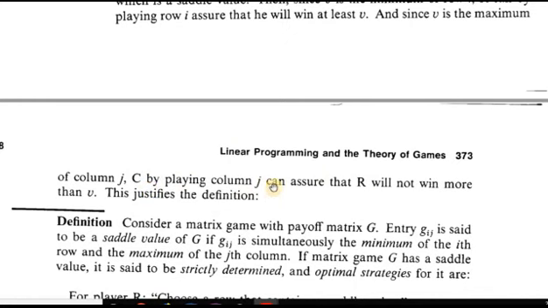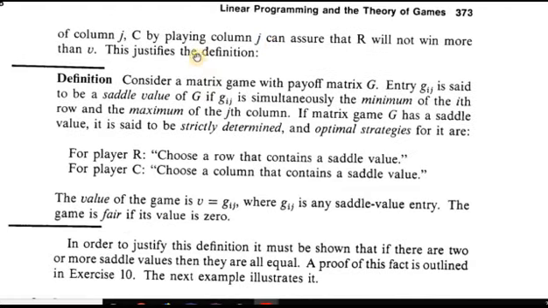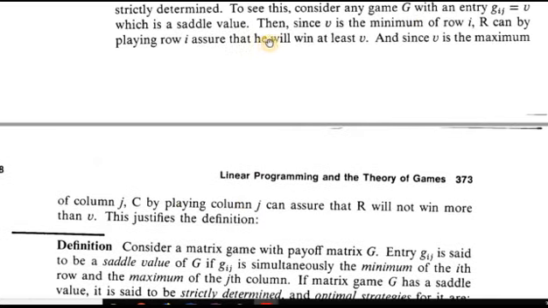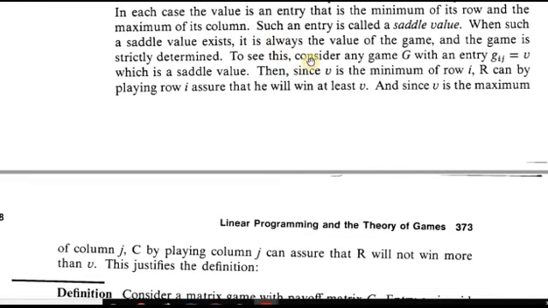In other words, if C plays a different column and not this optimum column, then the row player will make off better, because every other entry in that row gives a better payoff than the entry in column J. On the other hand, if the row player is not smart and doesn't play row I, then C can make off better than V, because in column J the least favorable payoff is the one in row I. So if either one does not choose this optimal strategy, then the other player can take advantage.